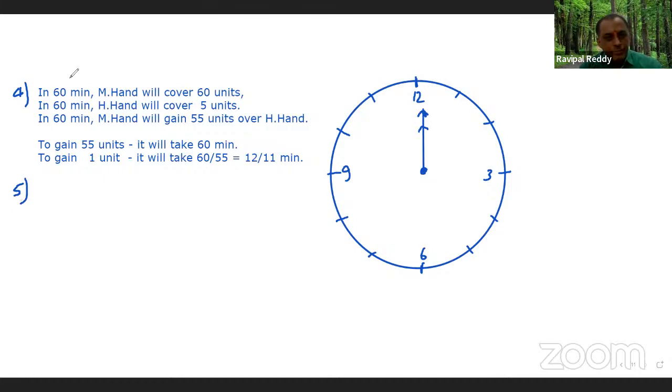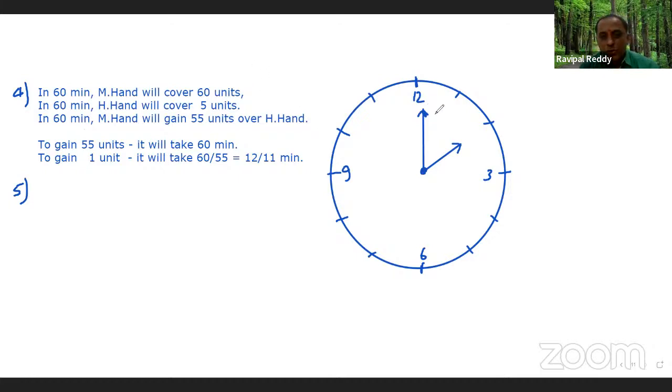Now, next question. For example, let the present time be 2 o'clock. At 2 o'clock the hours hand is at 2 and the minutes hand is at 12. Now my question: in the next 1 hour, the hours hand will reach from 2 to 3.